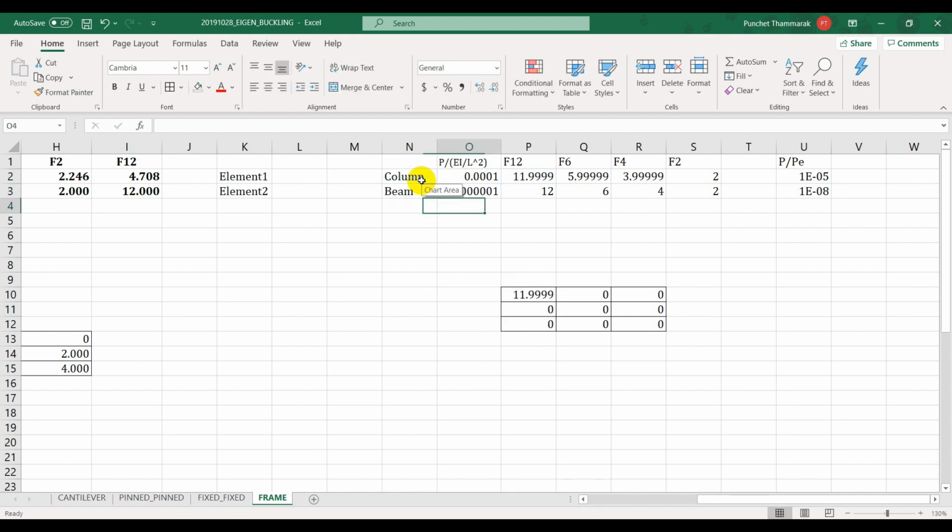This is for a beam, okay. 12 and then 6, and this is for the 4. For the 4, you add up with the 4 from the beam. Here is the 2 from the beam, 2 from the beam, and 4 from the beam, equals the term of this one. And then you use the goal seeker.